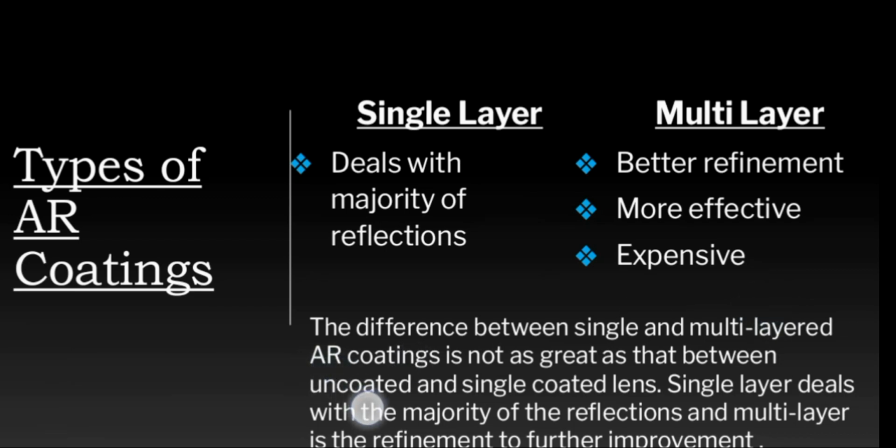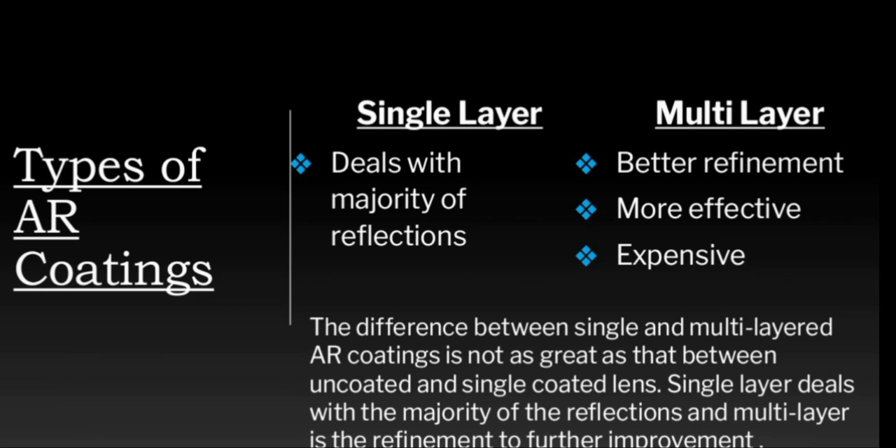So they are saying the difference between single and multi-layer anti-reflective coating is not as great as between uncoated and single coated lenses. A single layer deals with the majority of the reflection, and multi-layer is a further refinement and improvement. The principles and basics of both types of coating are the same. So if you compare single layer and multi-layer with a lens which has no layer, there is not much difference between single and multi-layers, right?